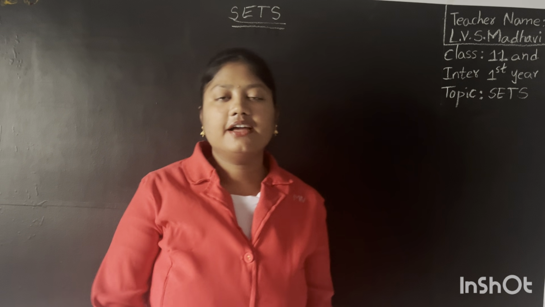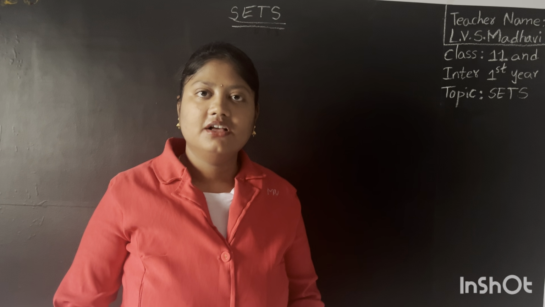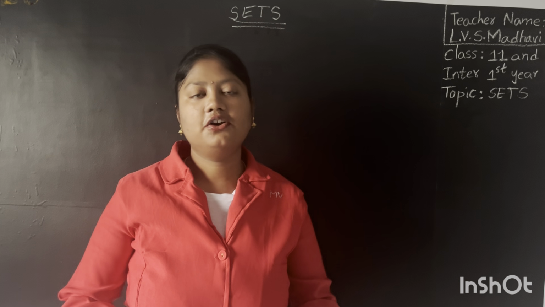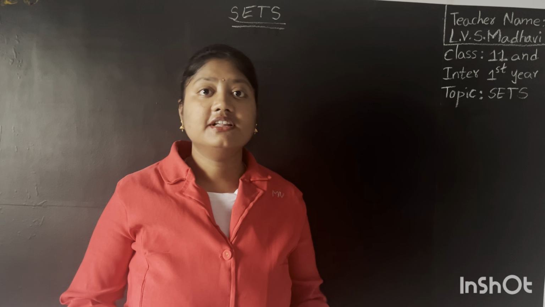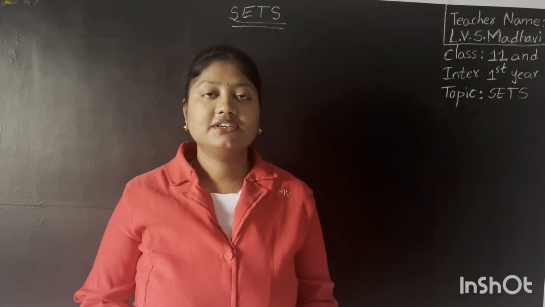So in general life, what do you mean by a set? For example, let us take a daily example. If today is some girl's birthday, her birthday dress is a red long frock. Then what are the different things that she would like to wear along with the dress? Tell me some.